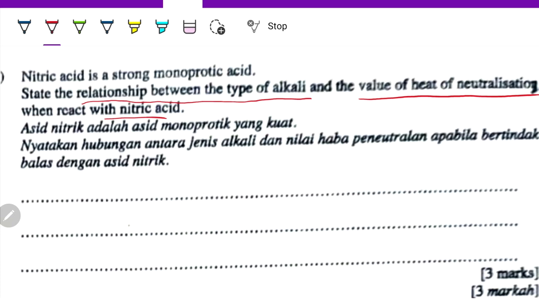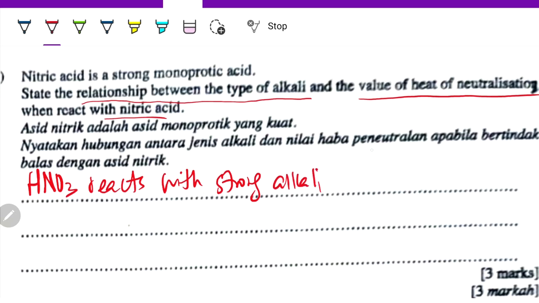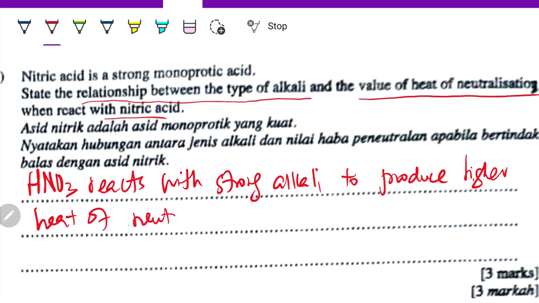So we can mention the relationship between the type of alkali: nitric acid reacts with strong alkali to produce higher heat of neutralization.